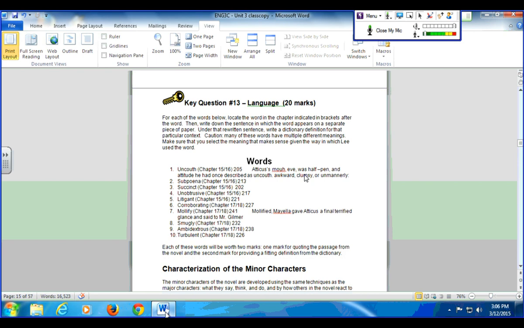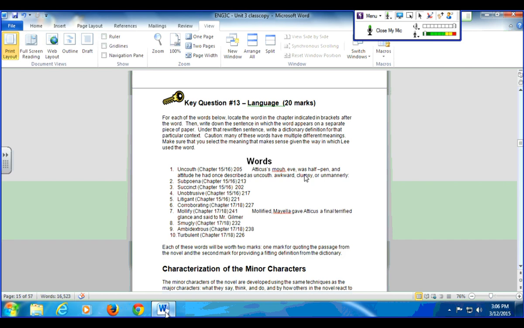Other words like LOL have also entered, and words such as uncouth and mollify have pretty much left the language. They are hardly ever used anymore. And when they are used, it's normally in a specific context.